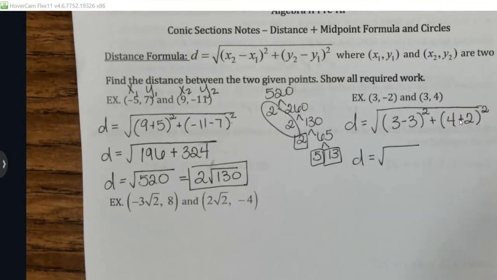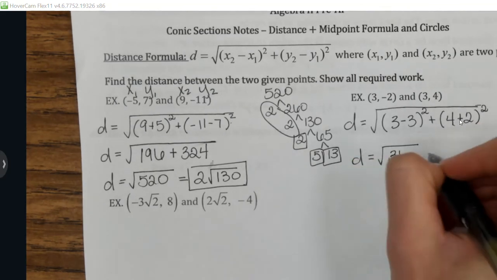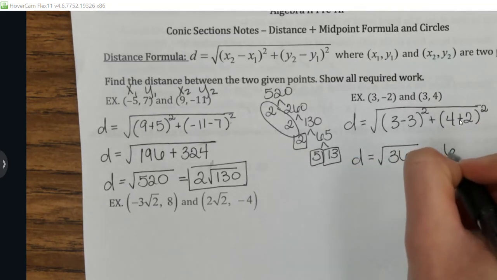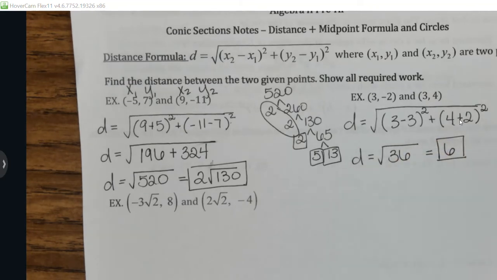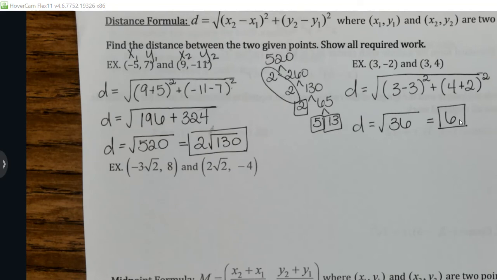I don't need to write that there. 4 plus 2 is 6. 6 squared is 36. So what's my distance? 6. So if you get a 0, I'm obviously not going to require you to put that there.